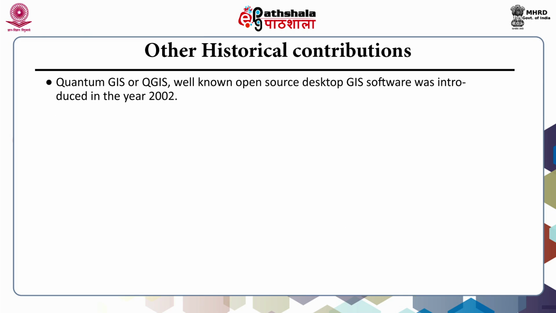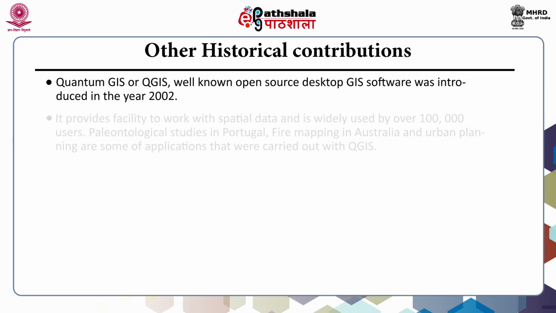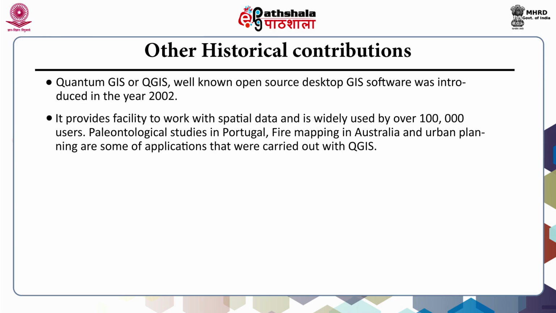Now coming to a well-known open source software, that is Quantum GIS or QGIS. It is a well-known open source desktop GIS software that was introduced in the year 2002. It provides facility to work with spatial data and is widely used by over 1 lakh users. Paleontological studies in Portugal, fire mapping in Australia and urban planning are some of the applications that were carried out with QGIS initially.